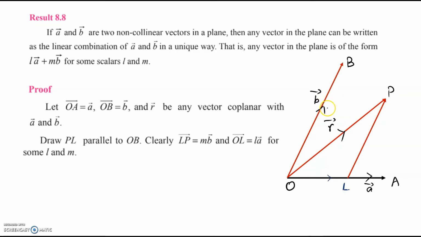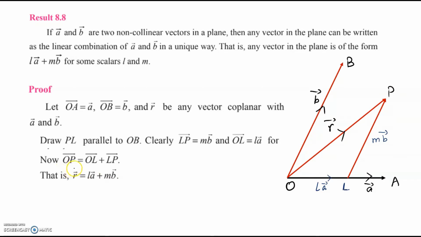Now we can clearly see that our LP, since it's parallel to vector B, can be written as MB vector, and our vector OL, since it's parallel to vector A, can be written as LA vector, where L and M are some scalar quantities.